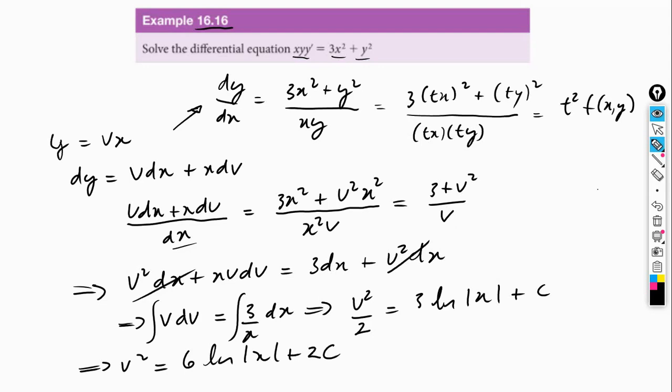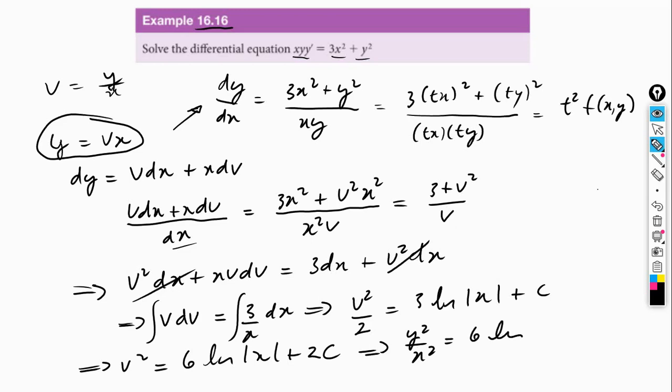Now, if we substitute the original expression for v, notice that here we have that y is equal to vx. Therefore, v is equal to y over x. So plugging that in here, we're going to get y squared over x squared is equal to 6 natural logarithm of the absolute value of x plus 2c.